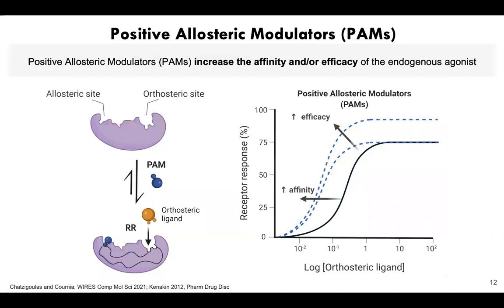So this first class, the positive allosteric modulators, increase the affinity of the ligand at the orthosteric site, so how strongly it binds, but also the efficacy of the endogenous agonist, so how well it performs the biological function.